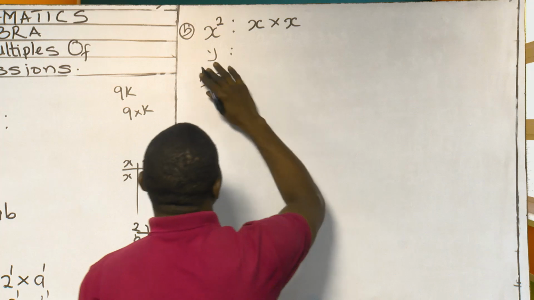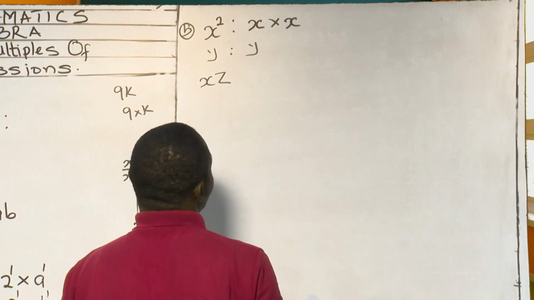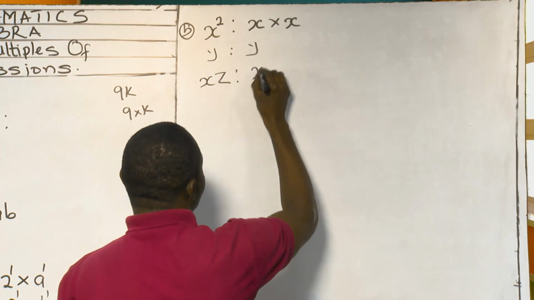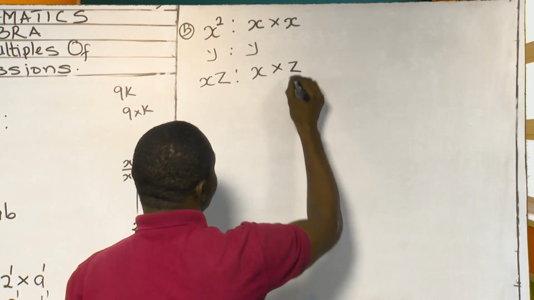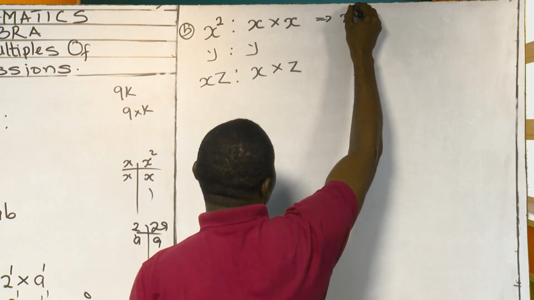Now, for this, we have Y. This is just Y. And for XZ, we have X multiplied by Z. Don't forget that this is X raised to power 2.